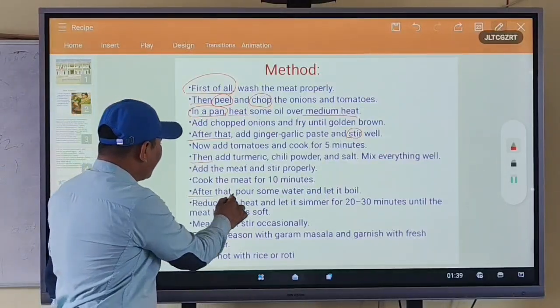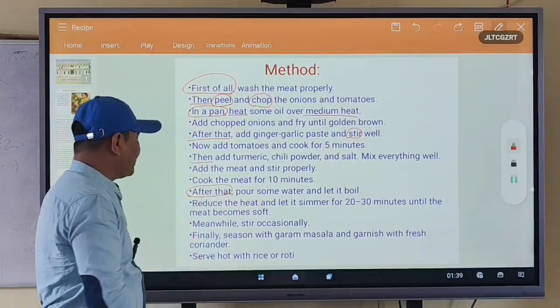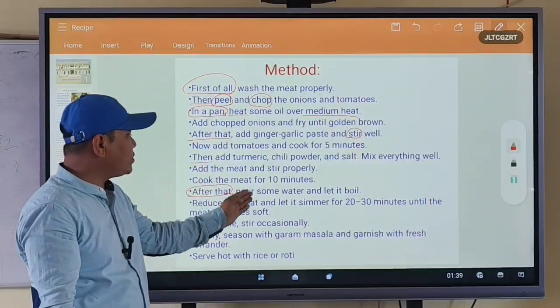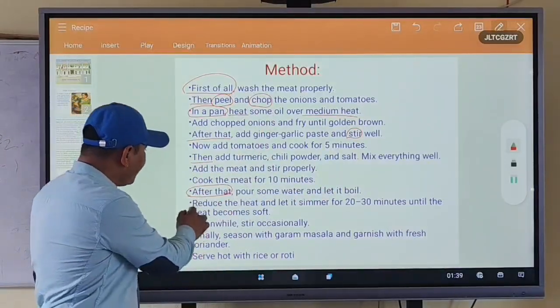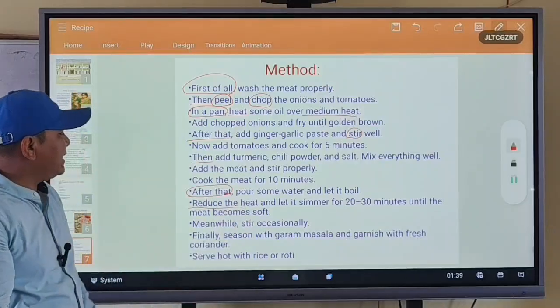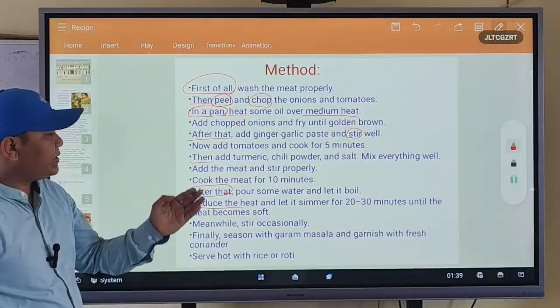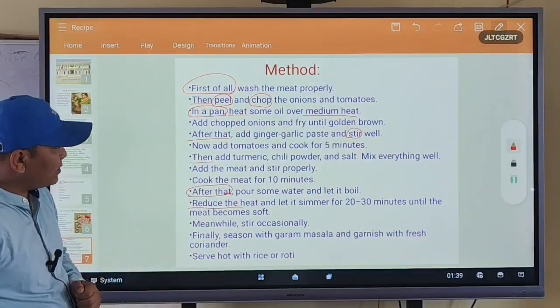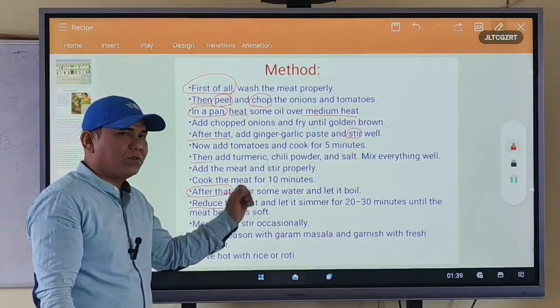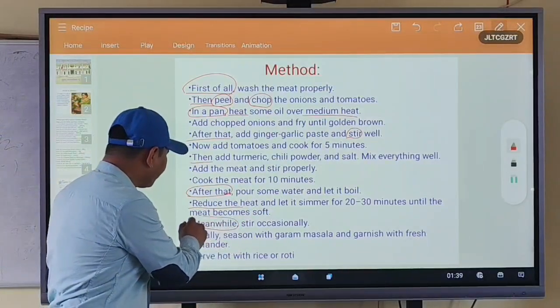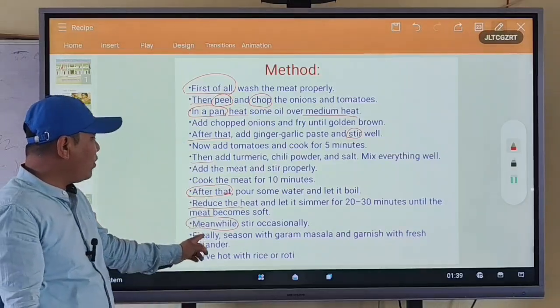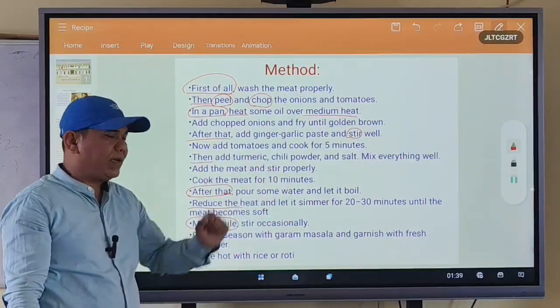After that, this is a phrase, pour some water and let it boil. Reduce the heat and let it simmer for 20 to 30 minutes until the meat becomes soft. Meanwhile, this is a phrase, stir occasionally.